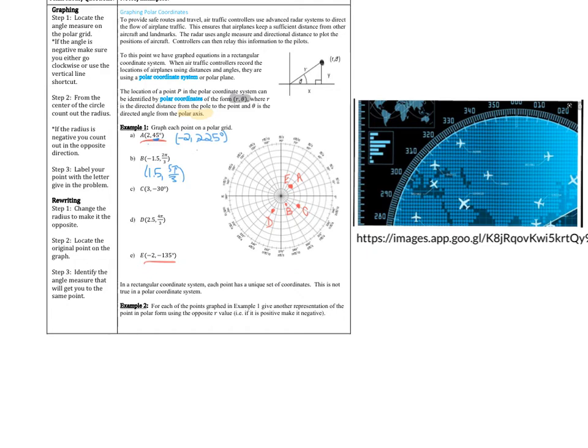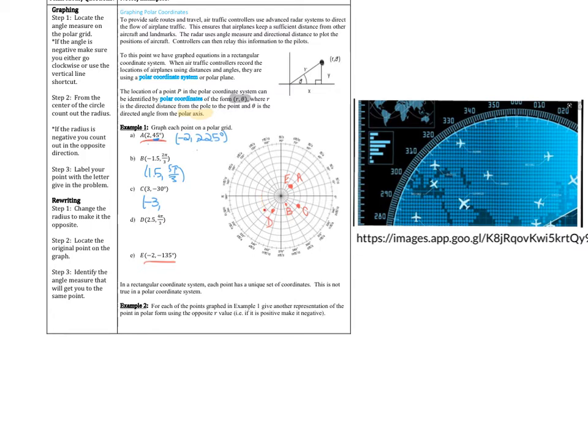Next point is C's at 3, so we're going to go opposite of that and use negative 3. So 1, 2, 3, negative 3, and we want to end at C over here. But remember, we're going to stay positive. So we're going to go counterclockwise.